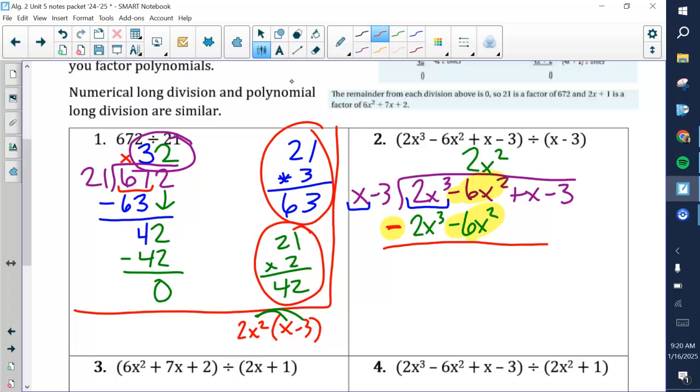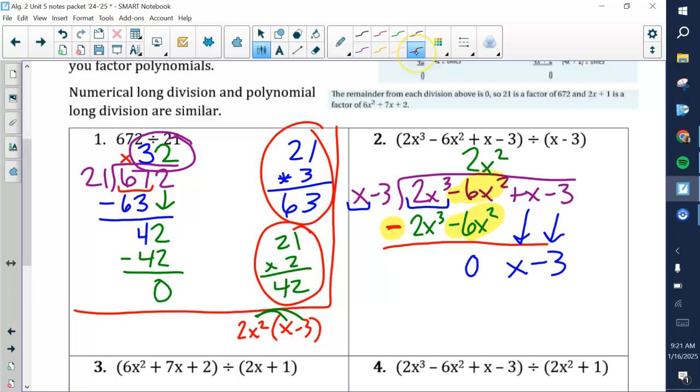Well, minus a negative becomes a plus, and this actually gives me 0. Okay, I'm going to bring down my x minus 3. You're going to learn with polynomials, you bring down the rest of the polynomial, I think is easiest.